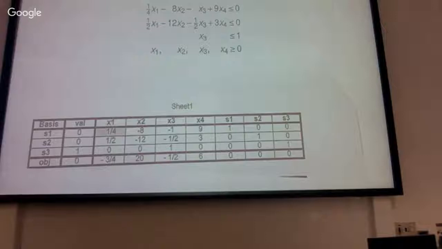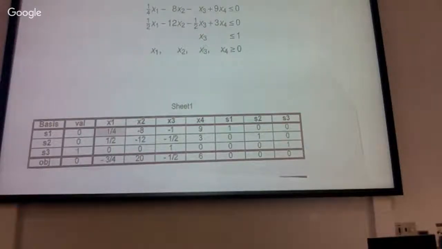Now, the second thing is what Jake said. We look at the ratios. In this case, obviously we can't pivot on something that's 0 or negative. So the 0 is not considered. Never pivot on 0. But we have two ratios and they're both zeros.